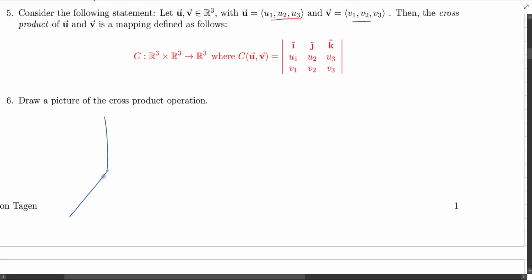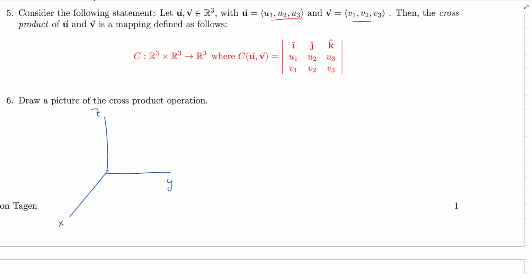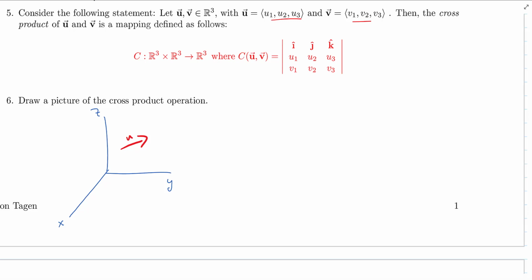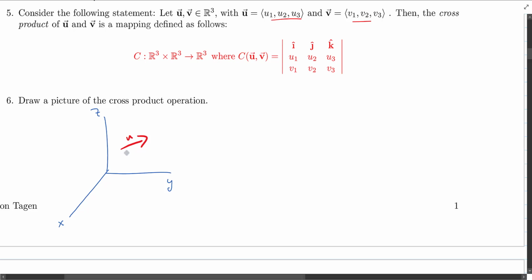Usually when we represent the cross product, we represent everything sitting in the same XYZ plane. Here we've got x, y, and z. Here's one vector, maybe we'll call this vector u, and then we'll take another vector, we'll call it vector v, and maybe it's sitting right here.